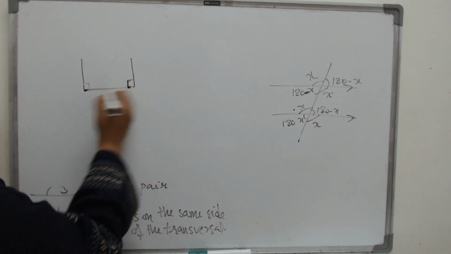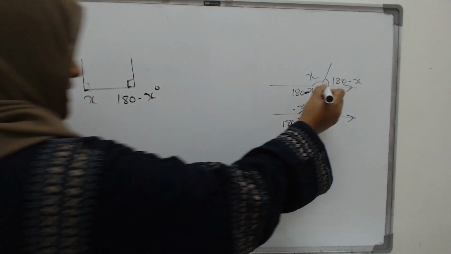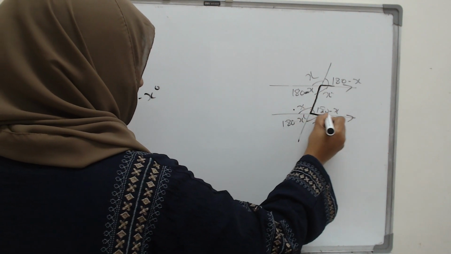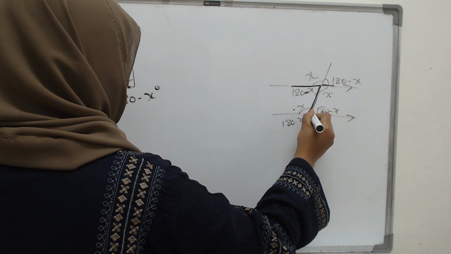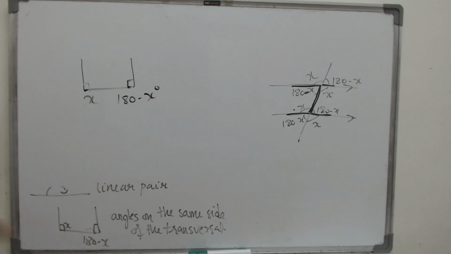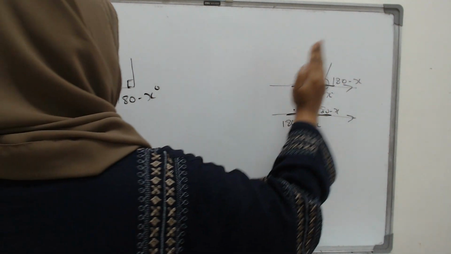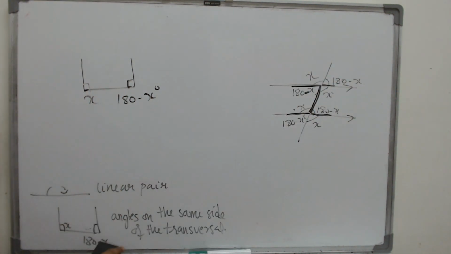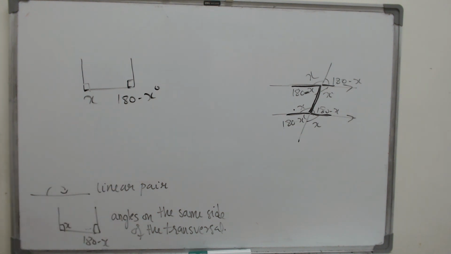This one plus this one should give you 180 degrees. So that this part should give you 180 and this part should give you 180. And what are they? They are known as the angles on the same side of the transversal. Here you have the transversal, the same side of the transversal. These 2 will be linear pair. These 2 will give you 180 degrees.